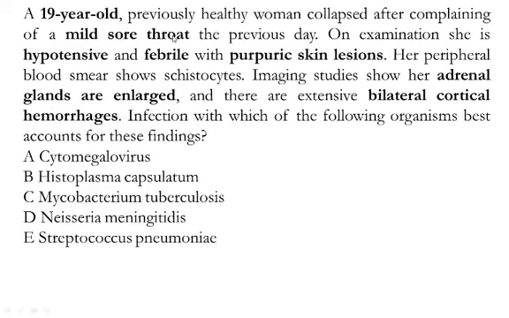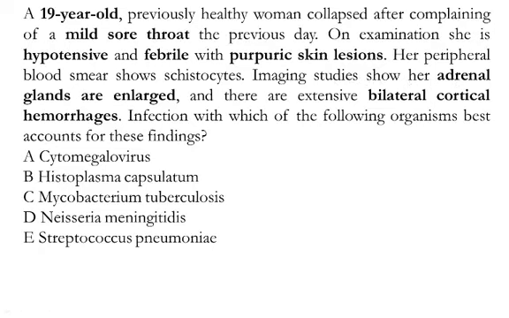Mild sore throat, pharyngitis. On examination, she is hypertensive and febrile with high temperature, with purpuric skin lesions, bright red lesions. Her peripheral blood smear shows schistocytes. Imaging studies show her adrenal glands are enlarged.